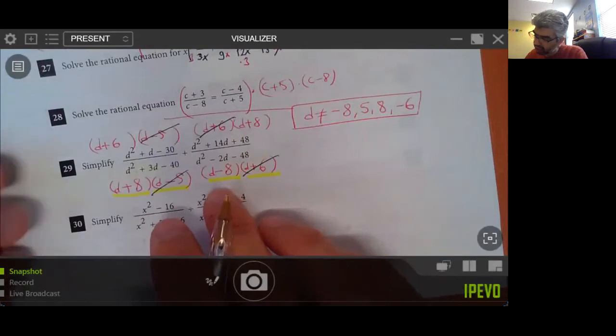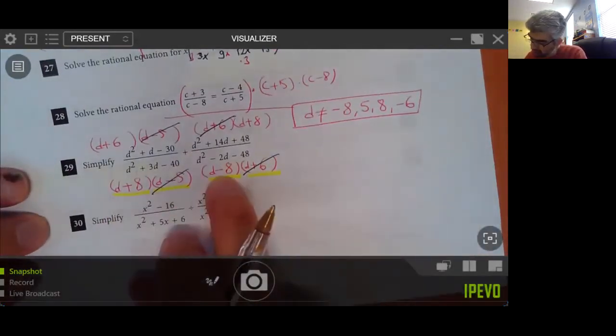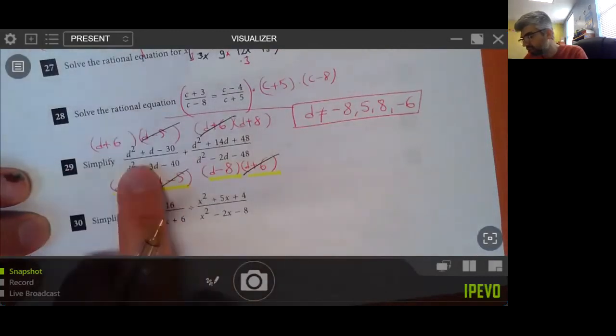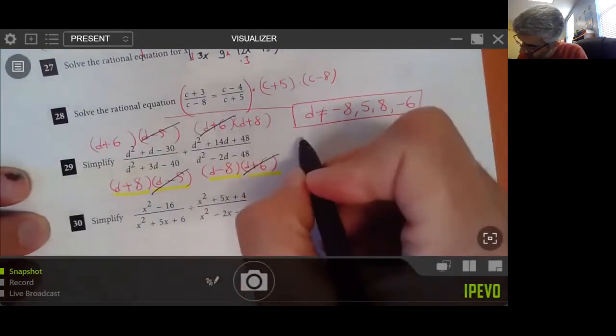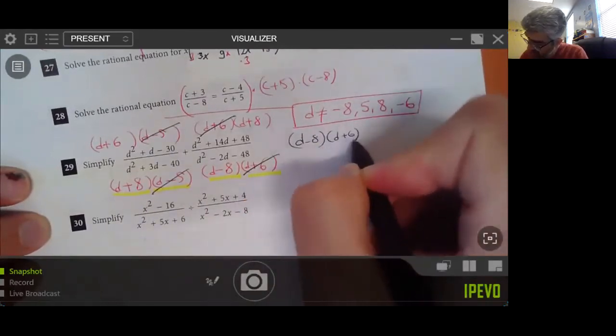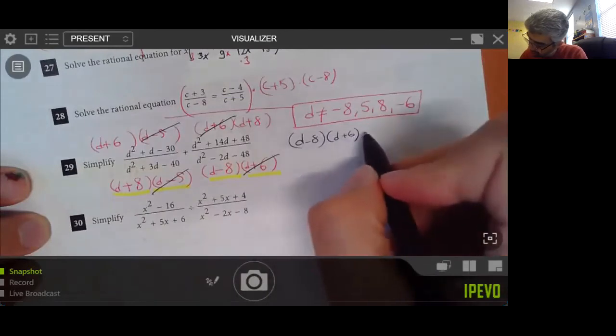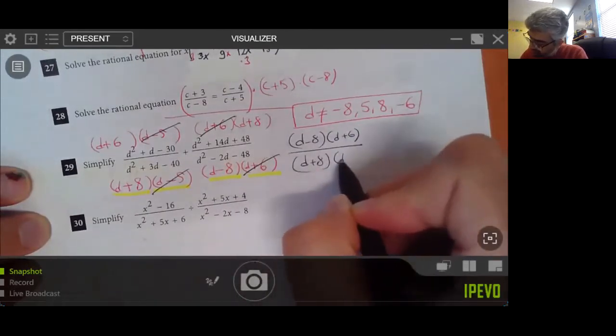And let's continue. So then D plus 8, D minus 8. I multiply the first fraction by D minus 8. Let's do that. D minus 8 times D plus 6 over D plus 8 times D minus 8.